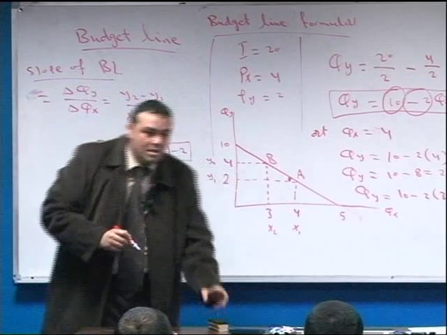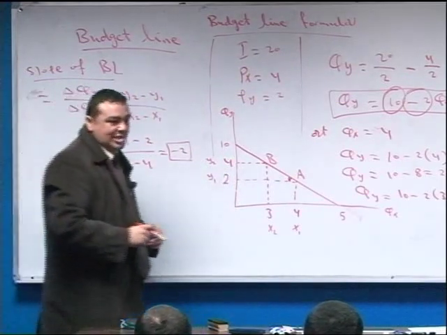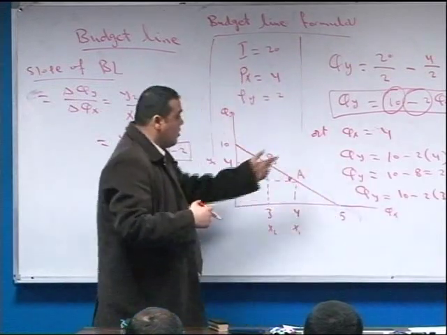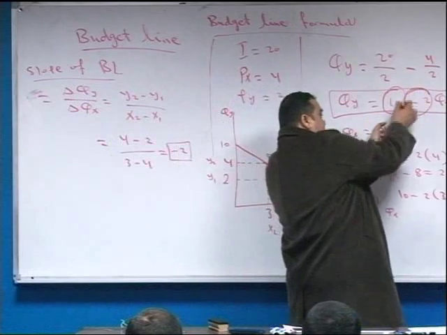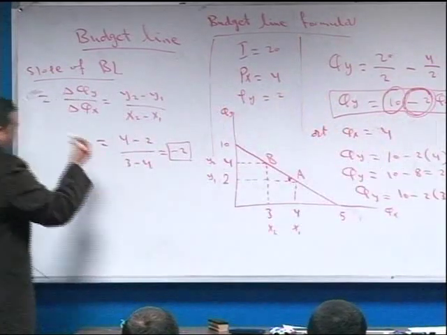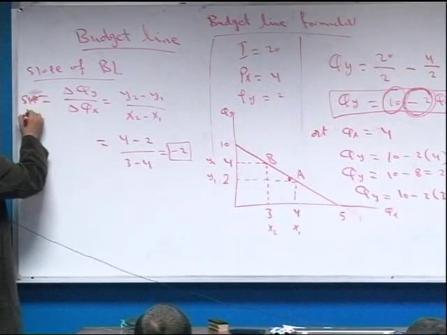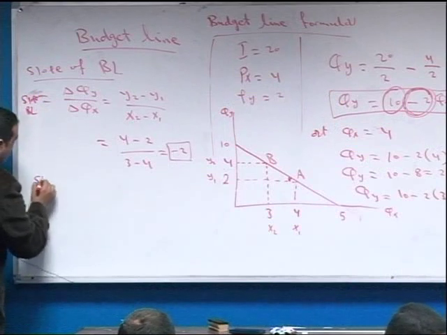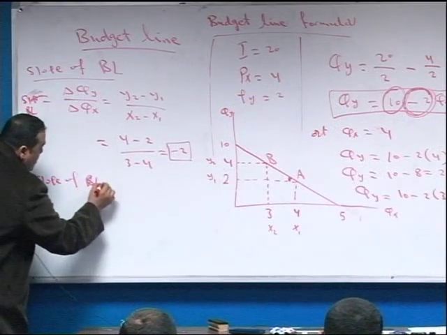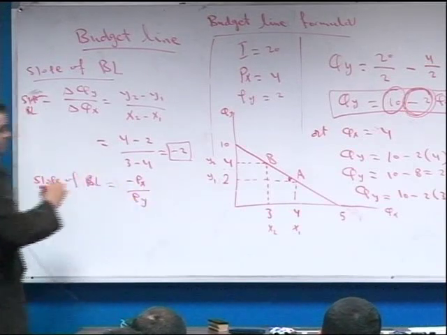We have another formula to calculate the slope of the budget line, which is minus Px over Py, or this part of the formula, it's minus 2. So another way to calculate the slope of the budget line: slope equals minus Px over Py.